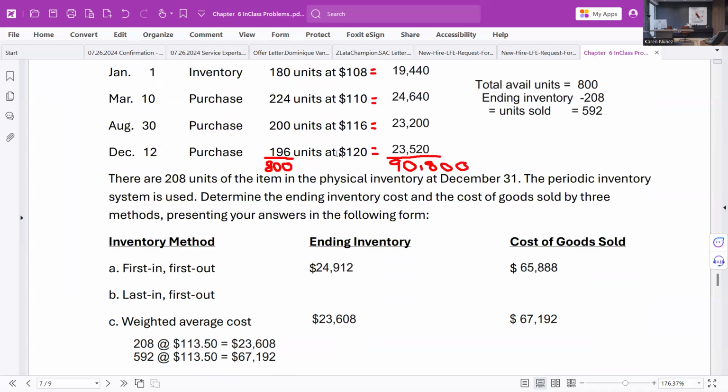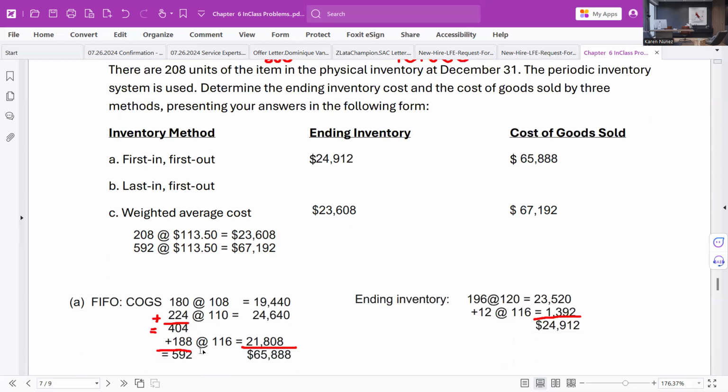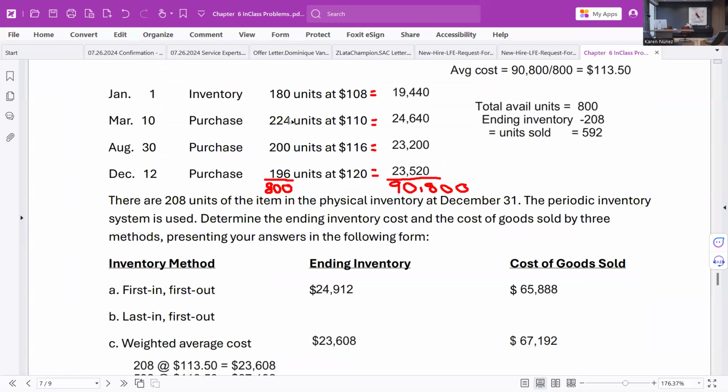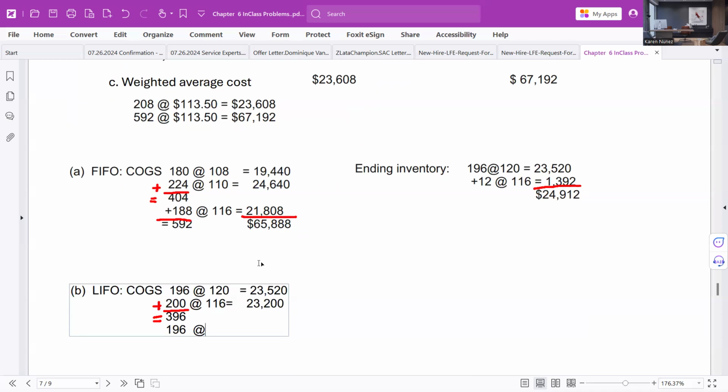We got the 196 at 120, the 200 at 116. What's next is 224 at 110, but we only need 196 at 110, and the 196 at 110 is 21,560.